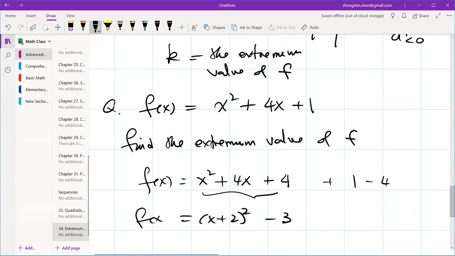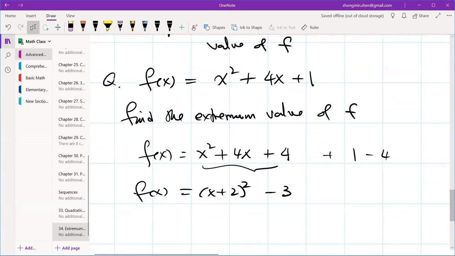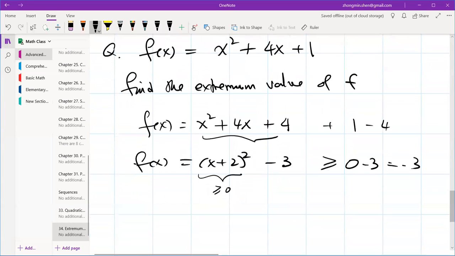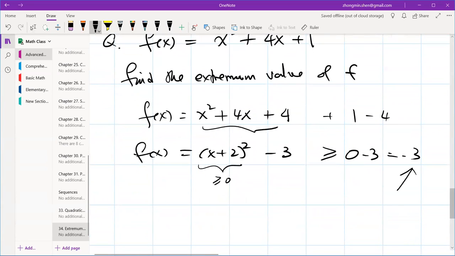Okay, so this is another form of the quadratic function, the standard form, which is much better. When you look at the standard form, the square is never negative. You agree, right? Because it's always a square. So that's why the function is always greater than or equal to 0 minus 3, which is negative 3. So this is the smallest possible value the function can get. So this is called the minimum.